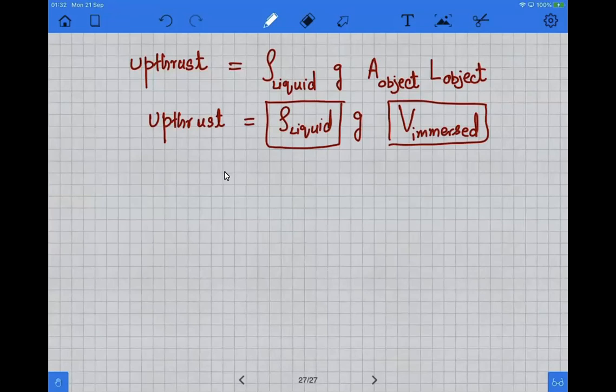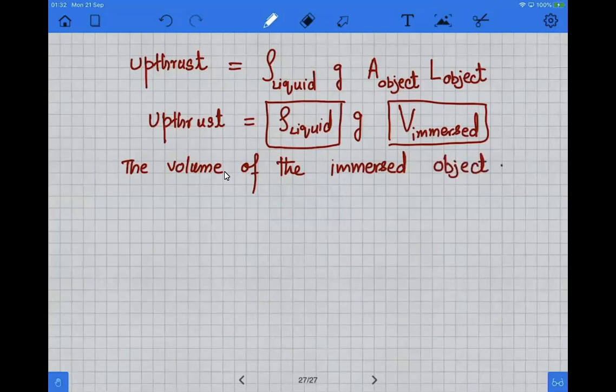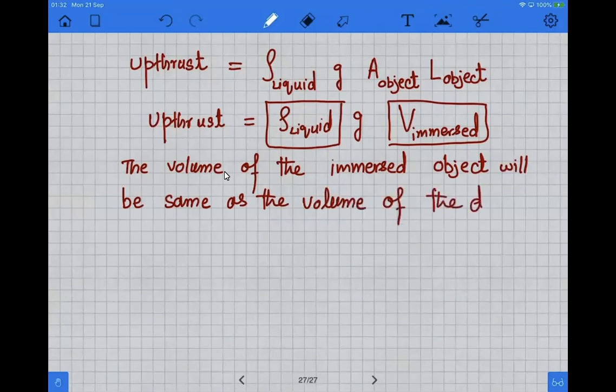But one more important thing is that the volume of the immersed object will be same as the volume of the displaced liquid.